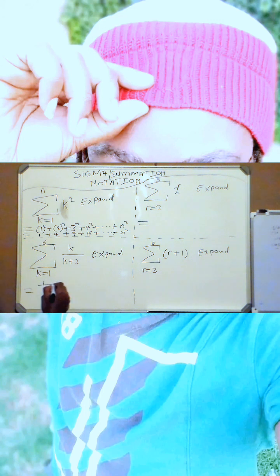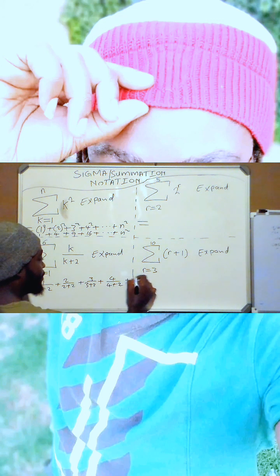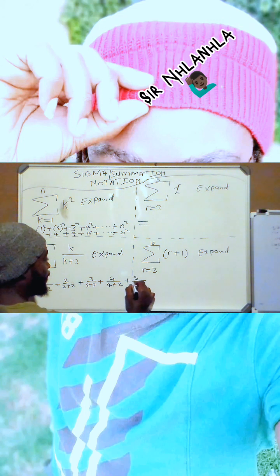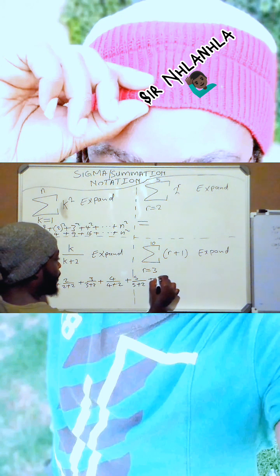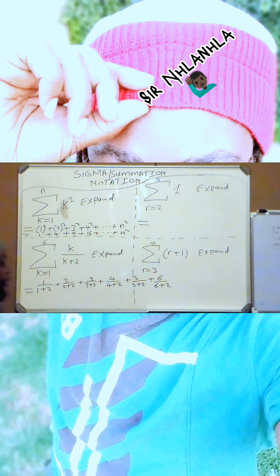This would be 1 over (1 plus 2), plus 2 over (2 plus 2), plus 3 over (3 plus 2), plus 4 over (4 plus 2), plus 5 over (5 plus 2), plus 6 over (6 plus 2), right?